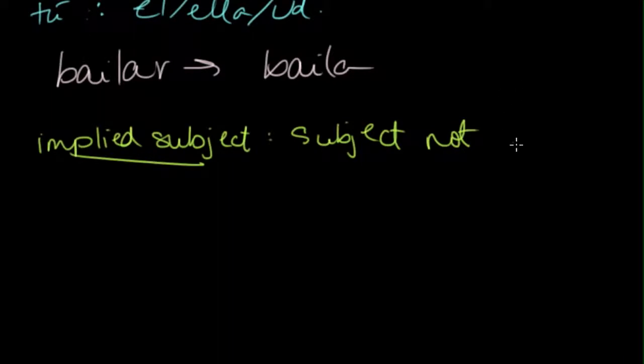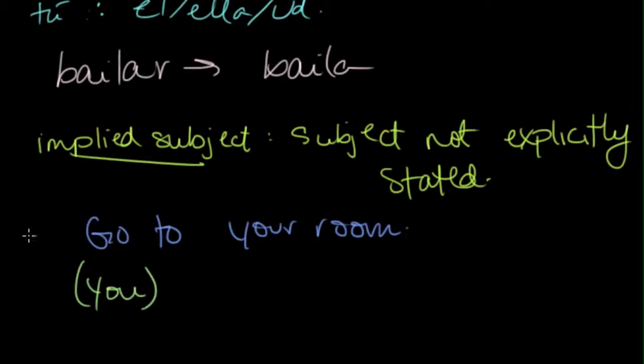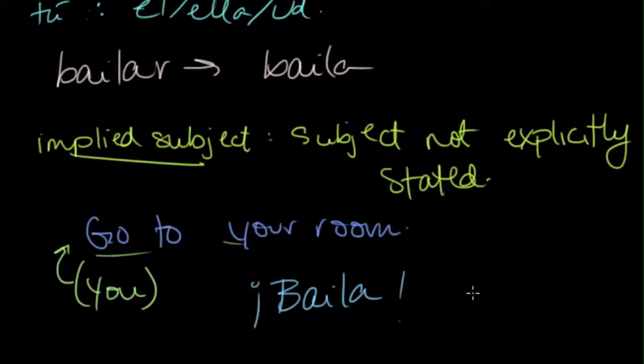And we do this in English with commands most of the time as well. So for instance, in the sentence, go to your room, the subject is you, and it is implied, but you don't say it. In Spanish, the same thing applies. So to tell someone to dance, you would say baila, not tú baila. And if you want, you can add exclamation marks for emphasis.